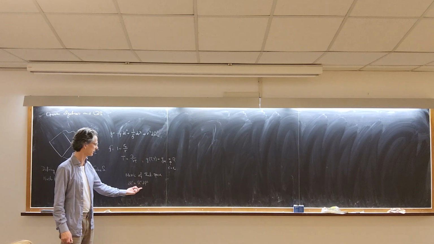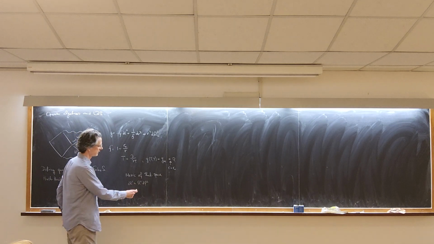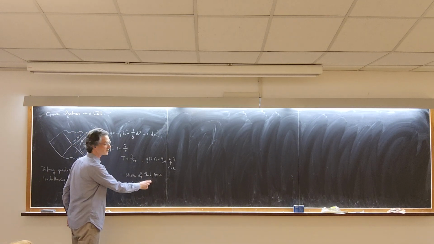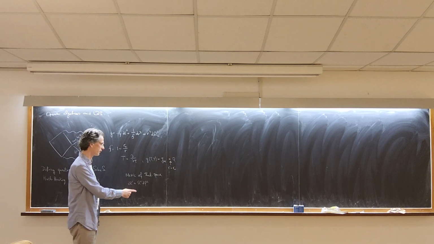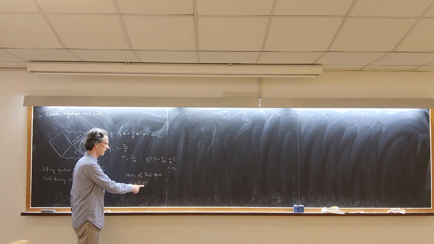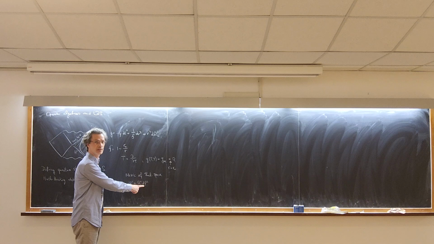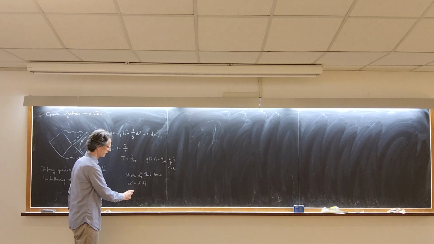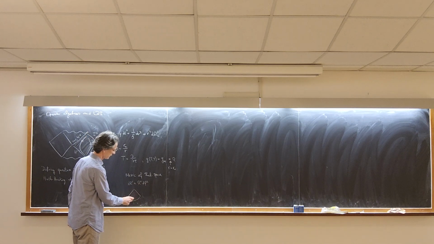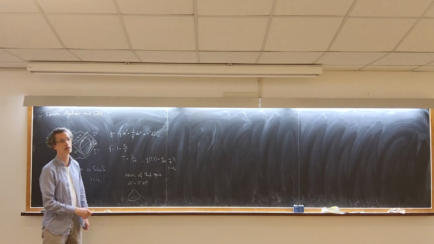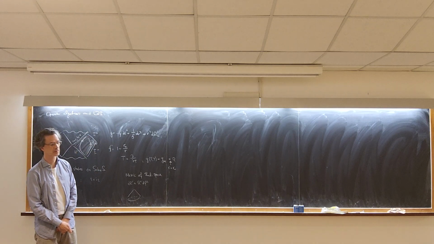The periodicity of phi ensures that this is a smooth metric. You have to impose a 2 pi periodicity, otherwise you will have a conical defect. Maybe you can think about these considerations.